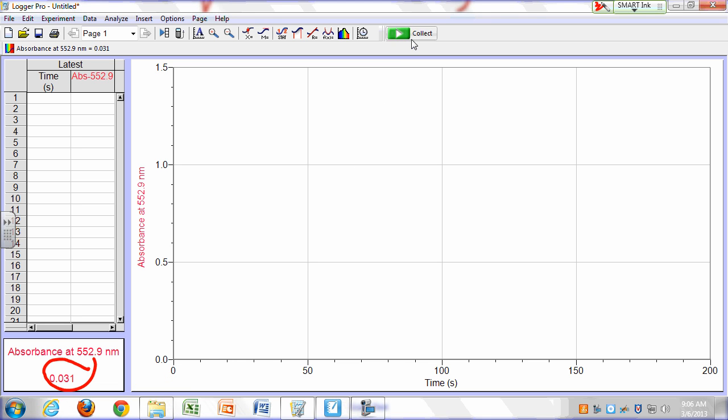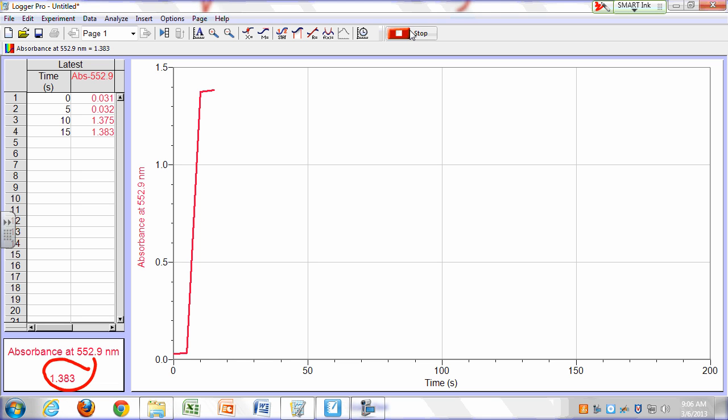As soon as I drop the phenolphthalein, click on the collect button. Okay, go. And then I'm going to put this in. So you'll notice what's happening now. Okay, and that's our absorbance. I just put it in the cuvette, in the spectrometer.